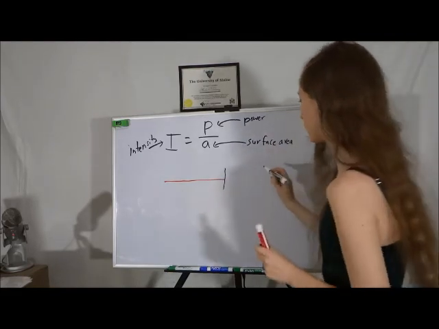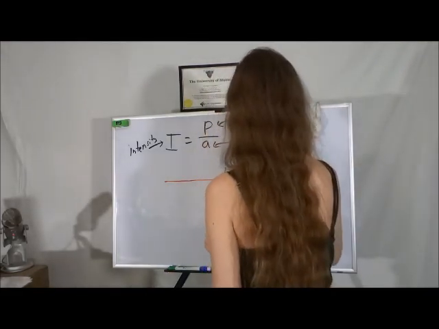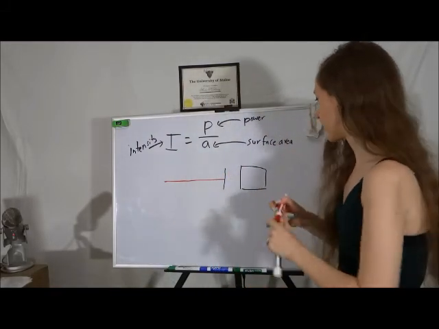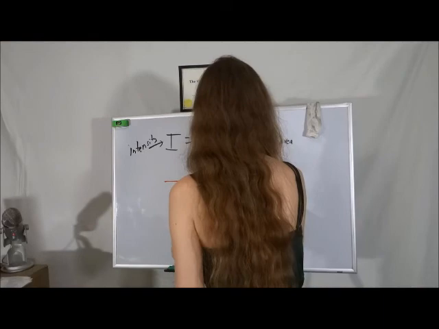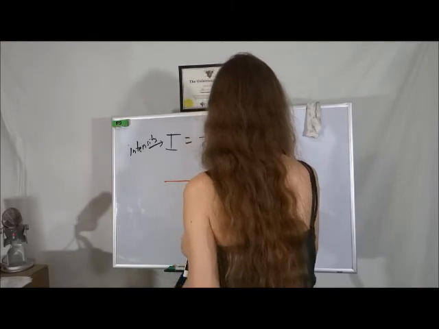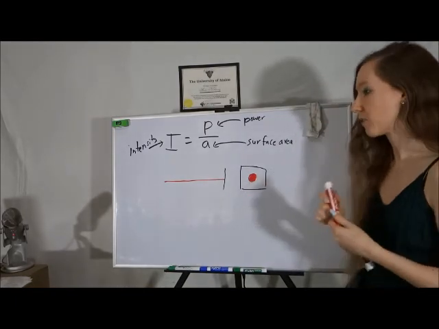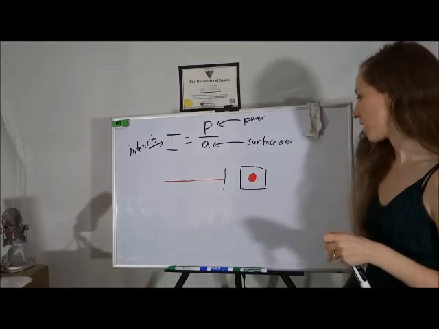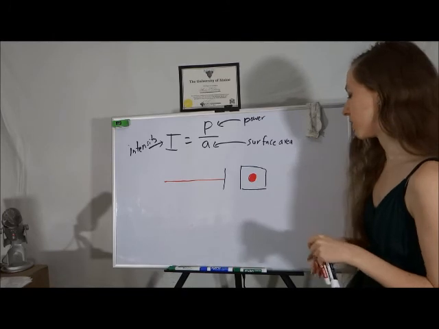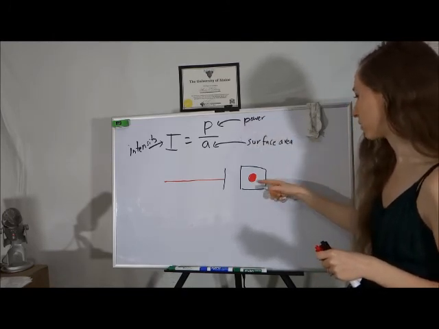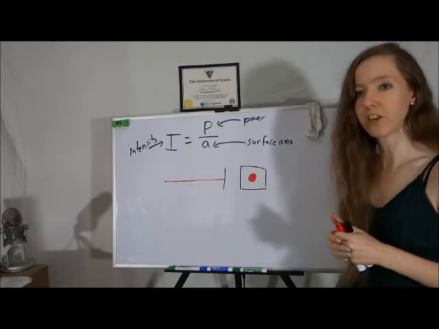So if we looked at what's happening from the wall's perspective, and we zoom in on it, our laser beam would be hitting in a roughly circular area. So it's going to look something like this. So the area in red here, this would be the area that you would use in the equation. So if you knew the power of the laser beam and you knew the area of that circle, then you'd be able to calculate the intensity.